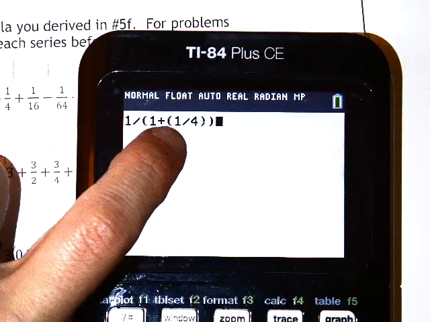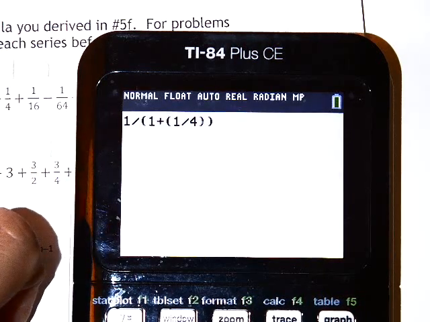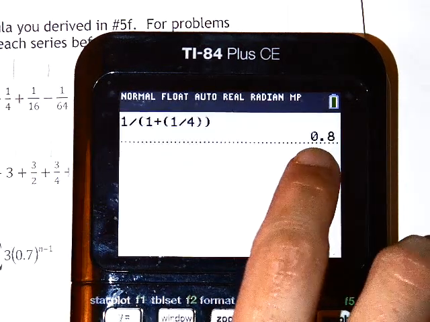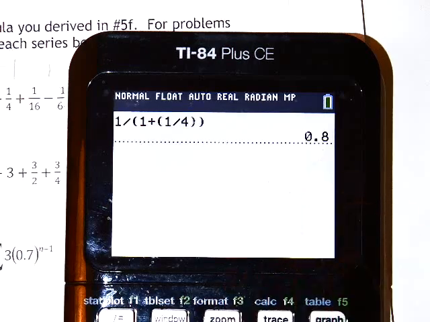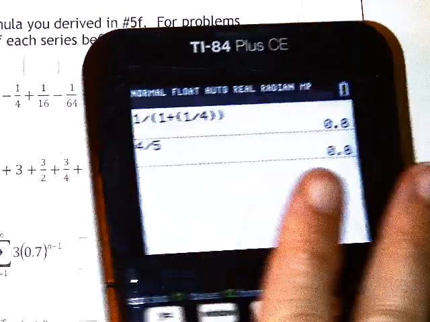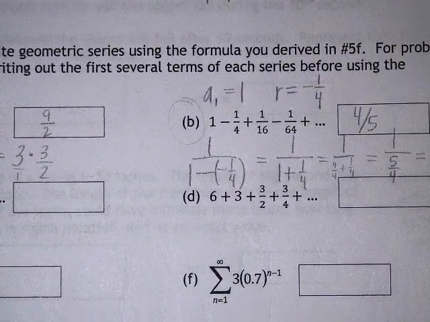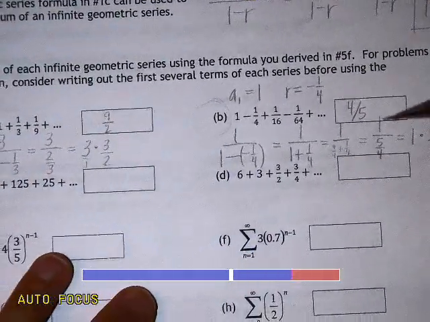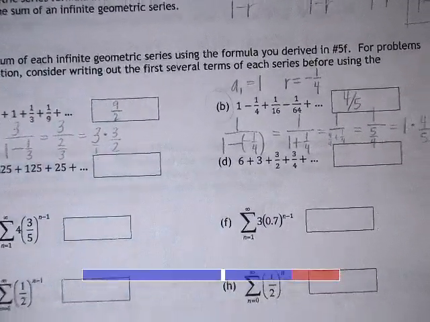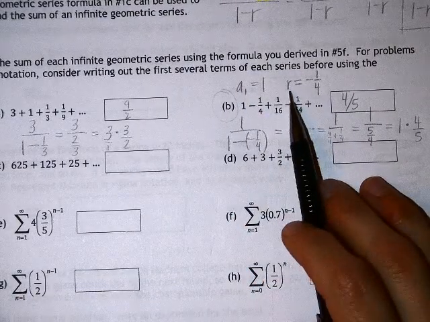You have to know how to put all those individual things in parentheses, and you have to know that you should. But notice that you'll get an answer in your calculator of 0.8. That is the decimal equivalent of the fraction 4/5. So the answer is the same no matter what. Hopefully that justifies to you whichever method you want to use. Whichever way you call your answers, fraction or decimal, it will be correct as long as you're plugging in the correct first term and the correct multiplier.